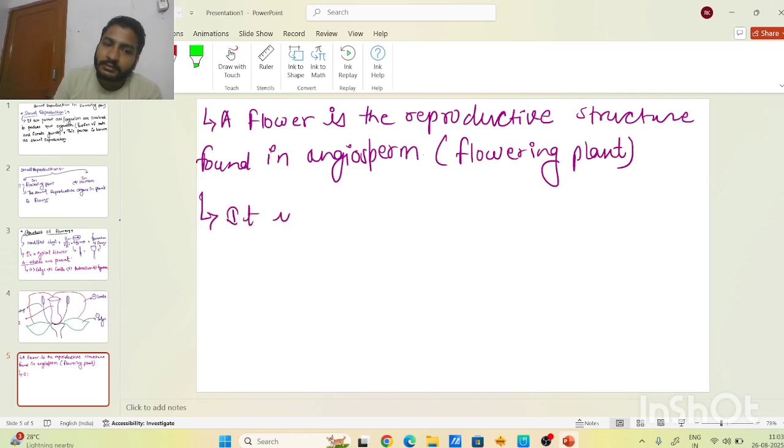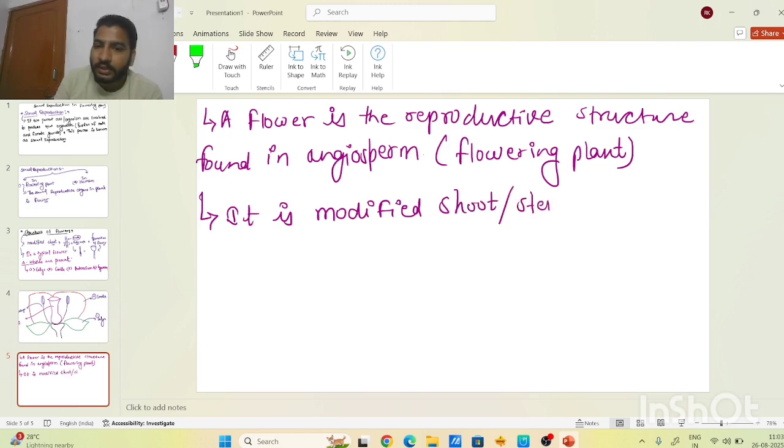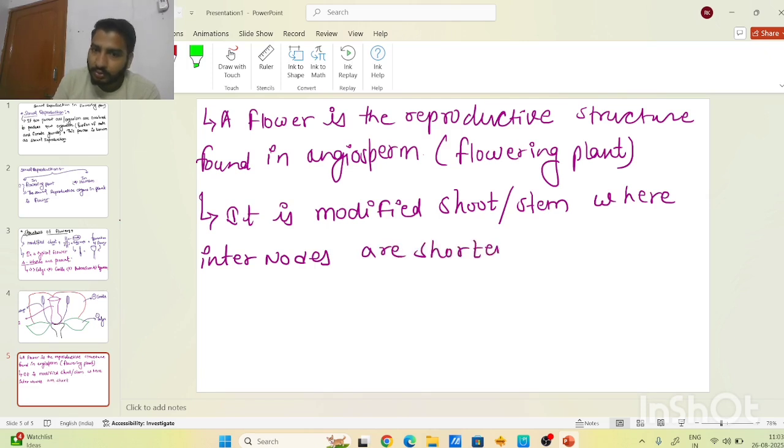It is a modified shoot or stem where internodes are shortened. Okay, now we are moving on to the next point.